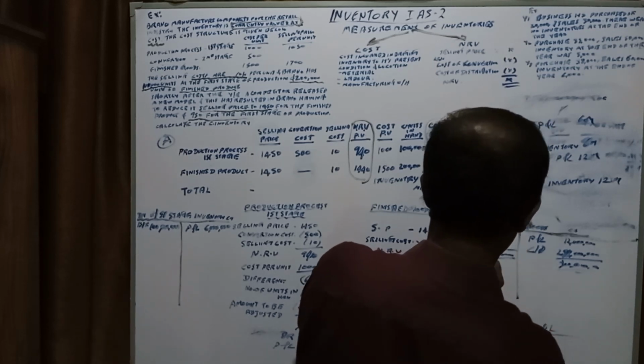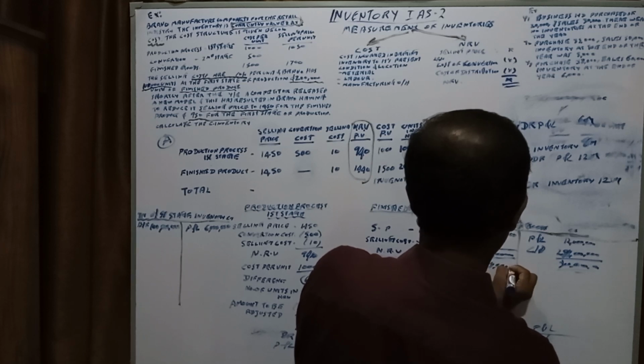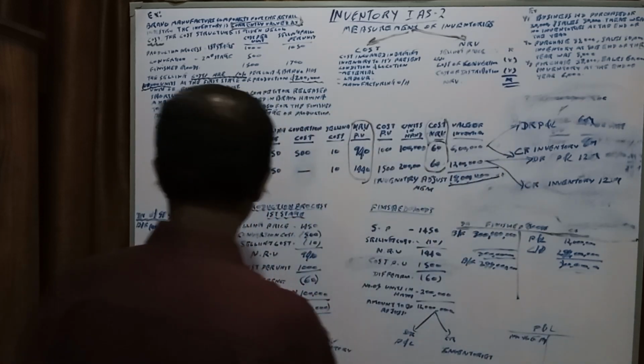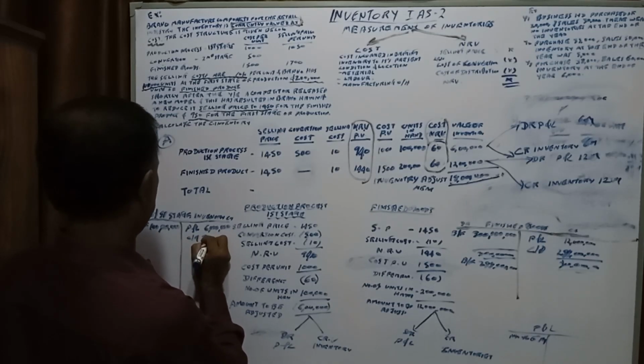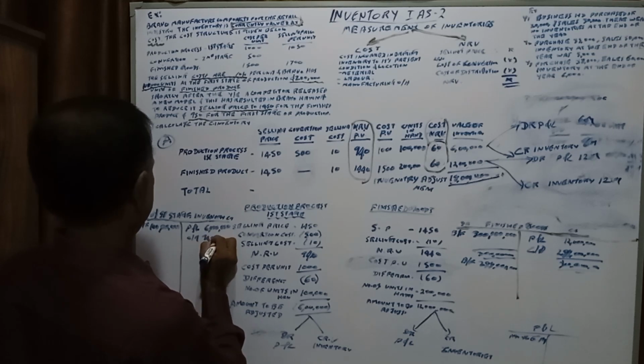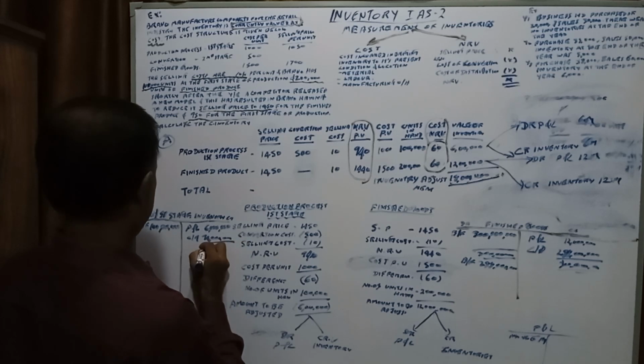Brought forward will be 288 million. Here we will have a carried down value of 94 million.